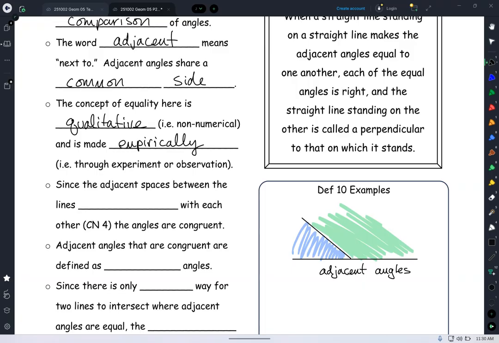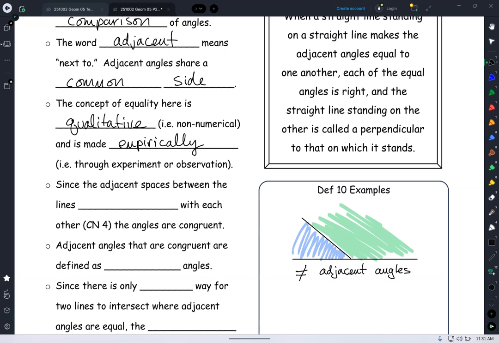So blue and green angles up here are unequal but adjacent angles. We just made a qualitative assessment without any numbers whatsoever. See how we did that? A qualitative, empirical assessment. So we can say these are non-equal adjacent angles.